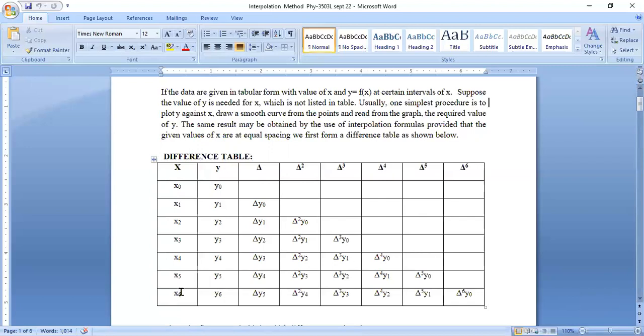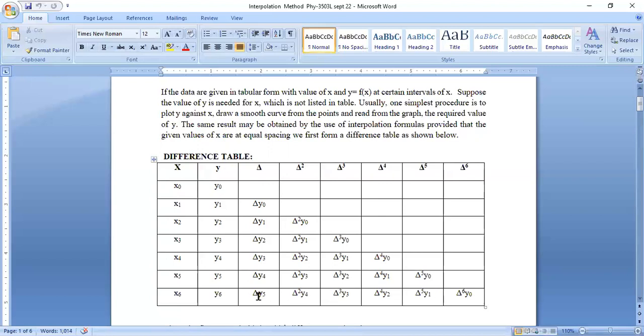And when your value of x is lying at the end of the table, suppose your x is very close to x6, so your xk will be equal to x6. This will be your yk. When you are using the backward interpolation formula, from yk you draw a horizontal line.